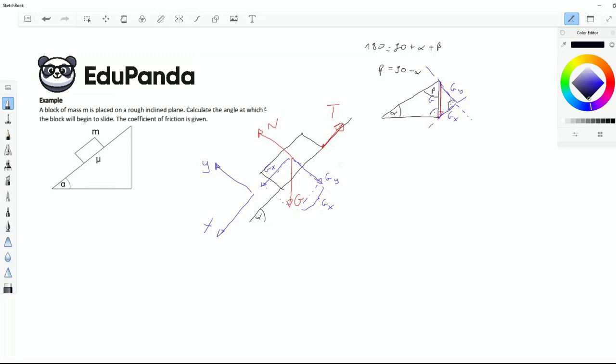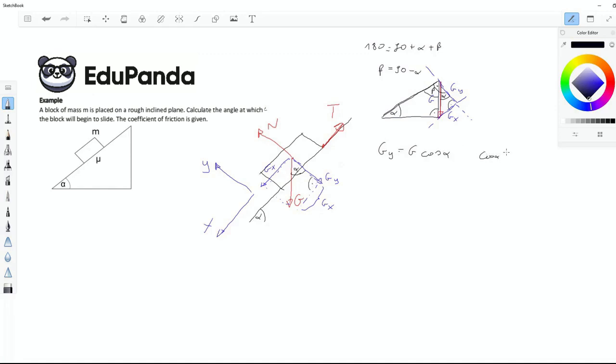Now, if we have a right angle here, it is also parallel to our x-axis. So in this place, we also have a right angle. That means we have angle alpha here. Well, the matter is very simple at this point. We can already write that Gy equals G cos alpha, which should be obvious. We see there is a right angle here.